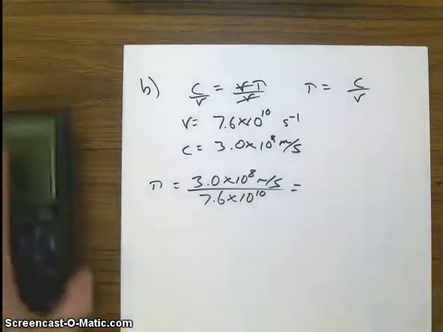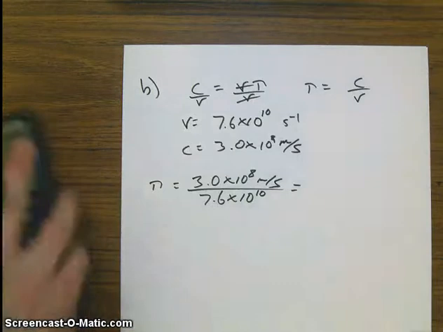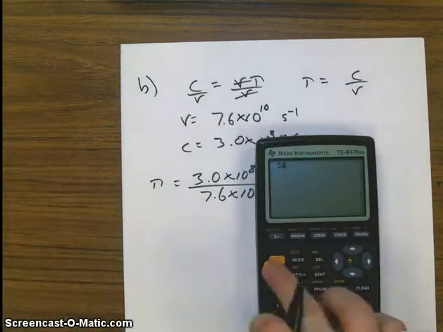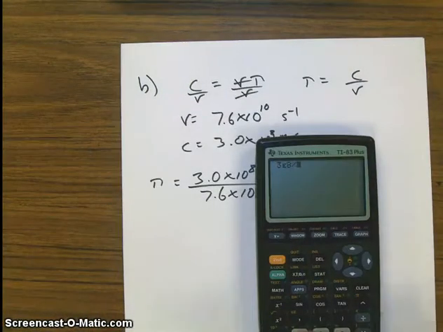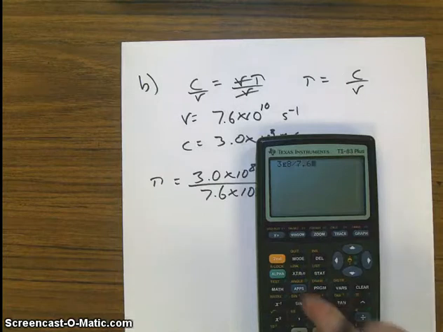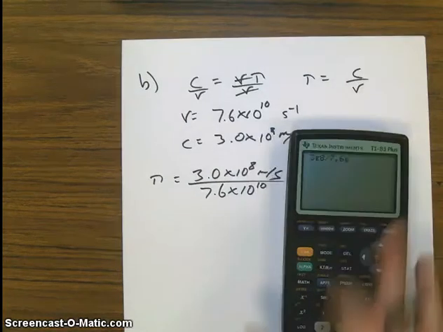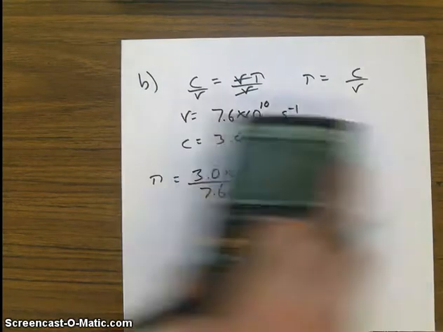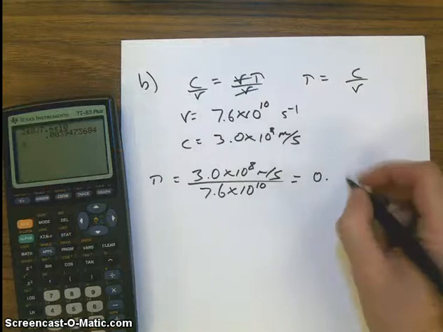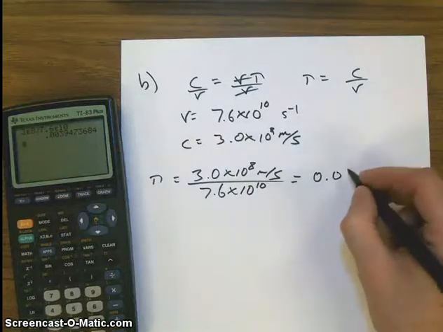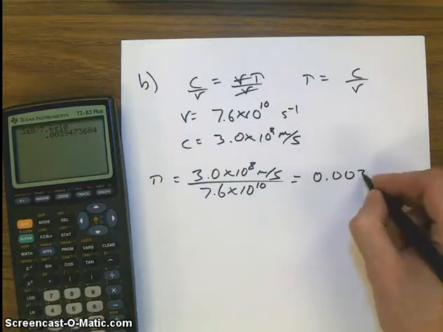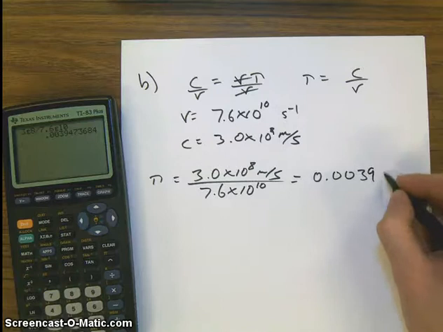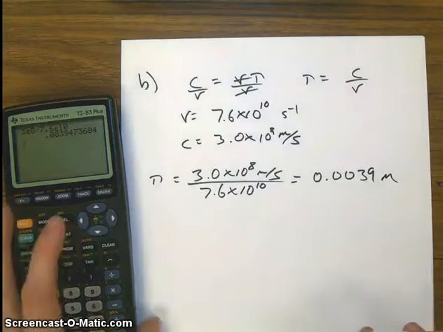In my calculator, I just type in 3e8 divided by 7.6e10, and you end up with an answer of 0.0039 meters. And that's your wavelength.